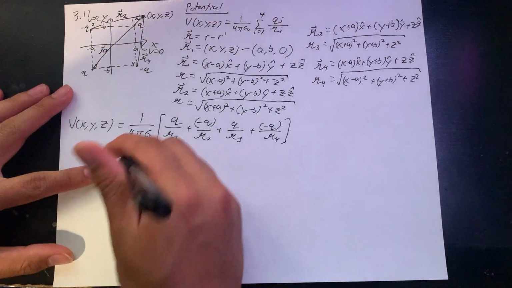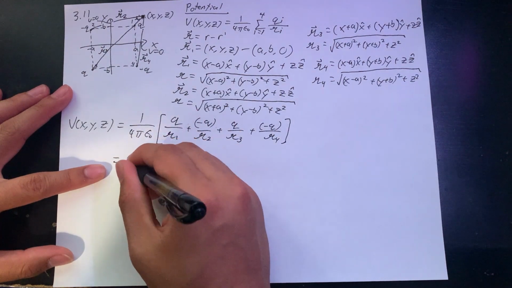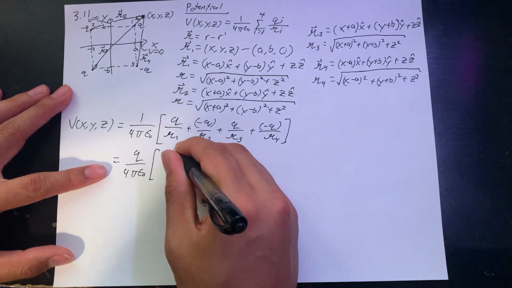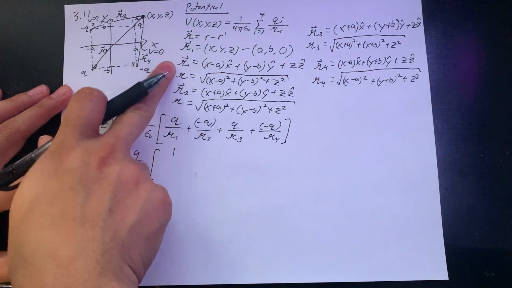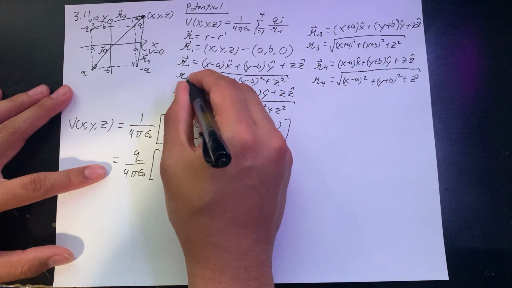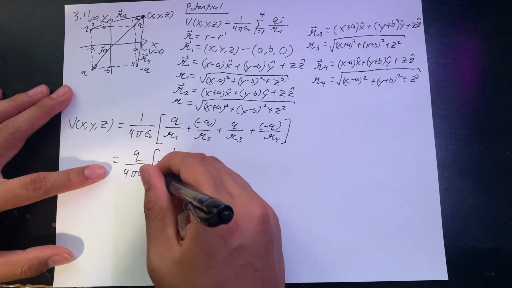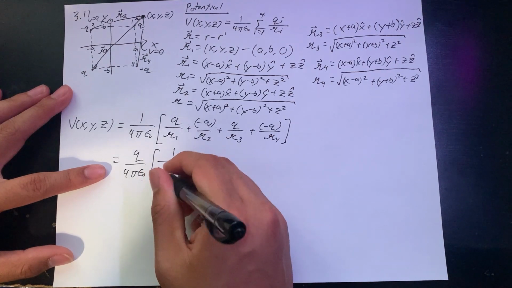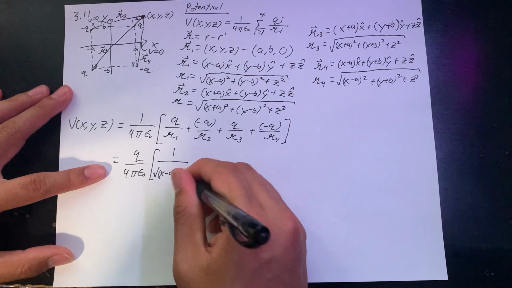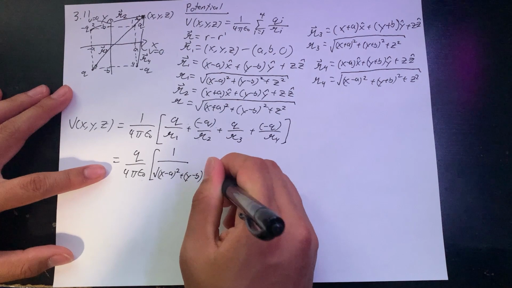Okay, so we take all these Q's out. Q over 4 pi epsilon naught times 1 over our first magnitude, which I forgot to label. So it's going to be 1 over the square root of x minus A squared plus y minus B squared plus z squared.